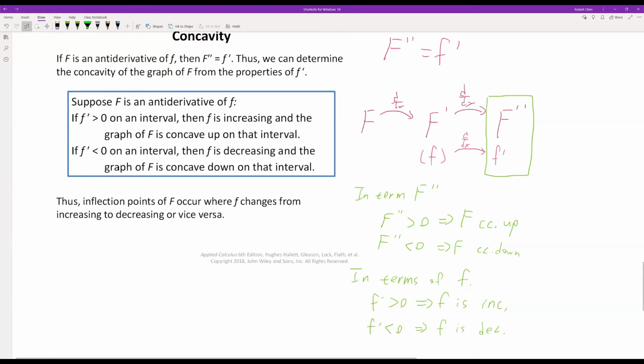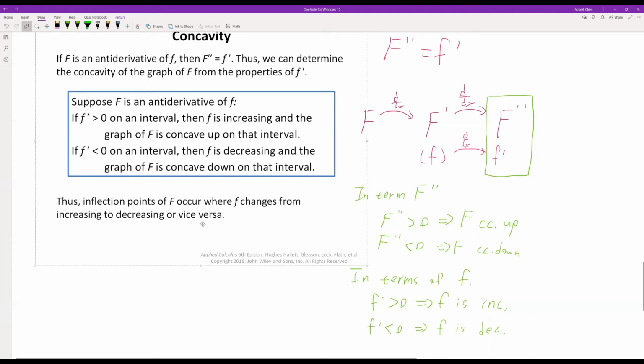And of course, the inflection point occurs when F double prime is at 0. And then it also is the same thing as when the lowercase f changes from increasing to decreasing. Okay.